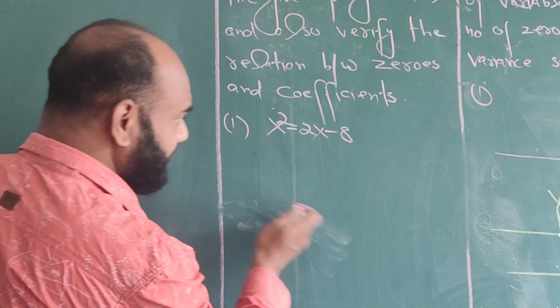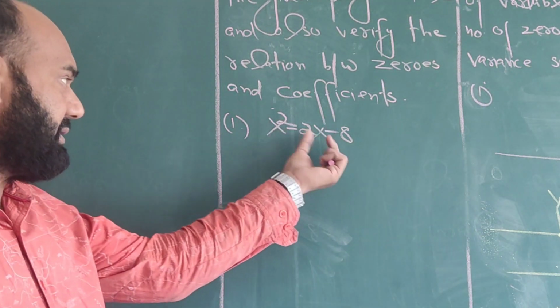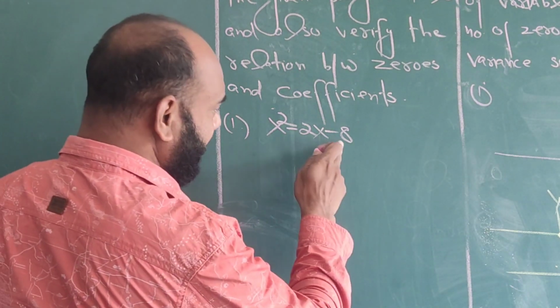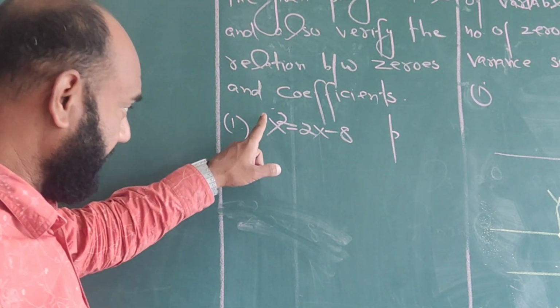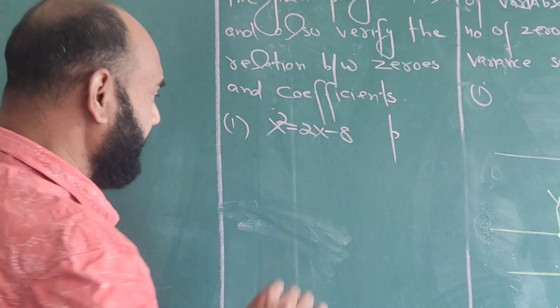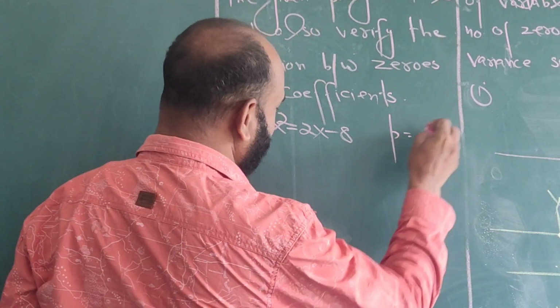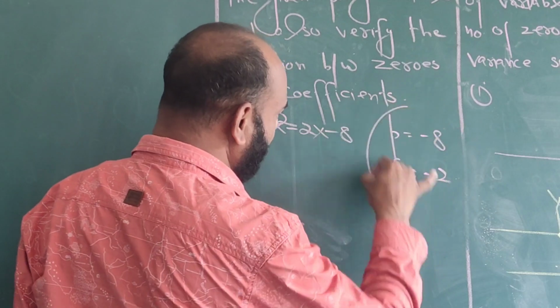And in this question, first of all, we want to find its zeros. Finding zeros means to factorize the given equation. To factorize, first of all, the product: if we multiply the first and last term, we obtain minus 8, and the sum will be equal to minus 2.